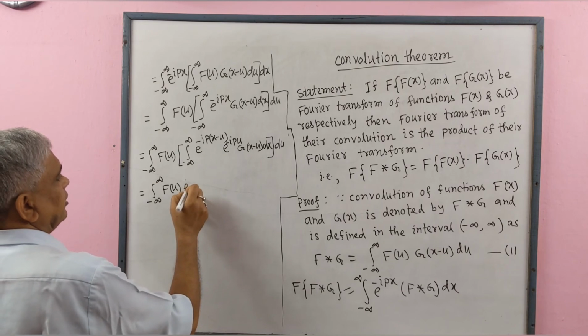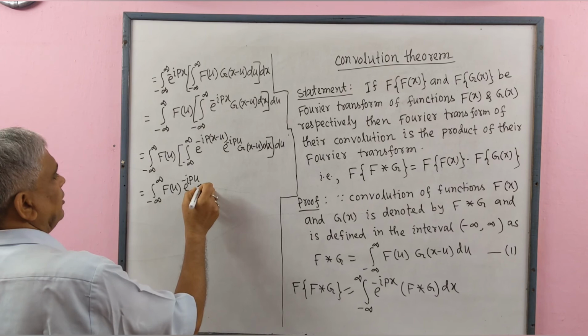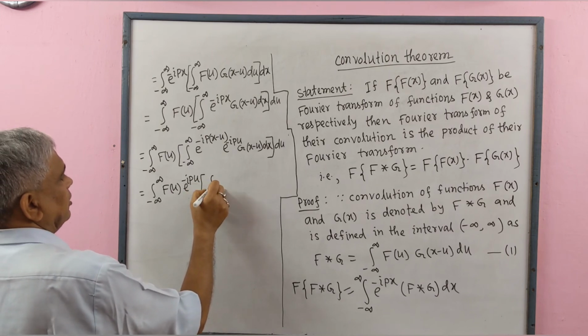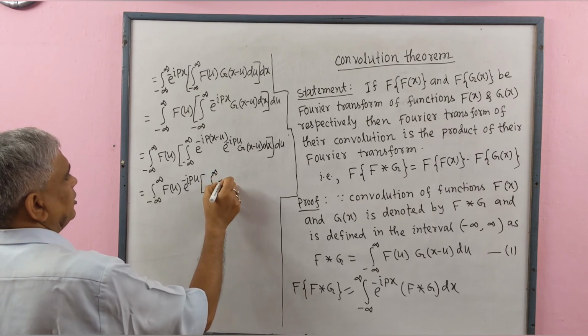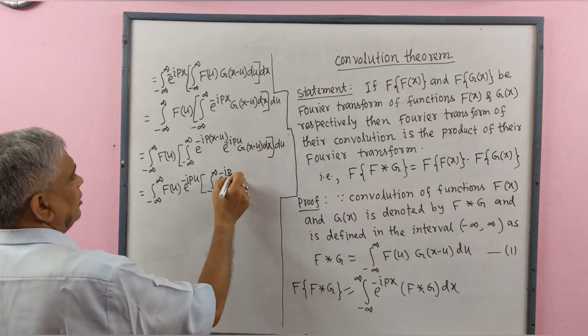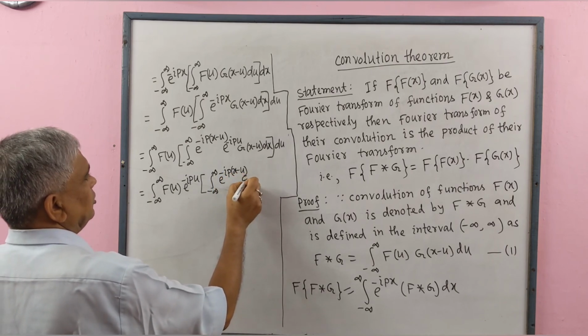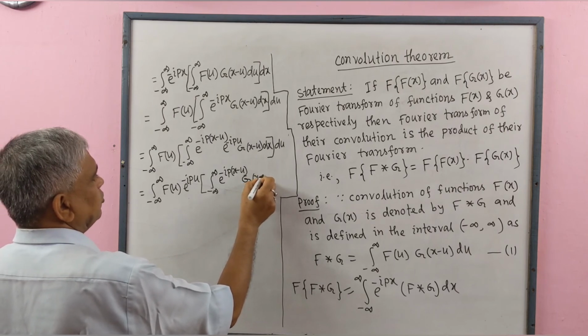So we write e to the power minus ipu outside, and we write the integration from minus infinity to infinity of e to the power minus ip(x minus u) g(x minus u).